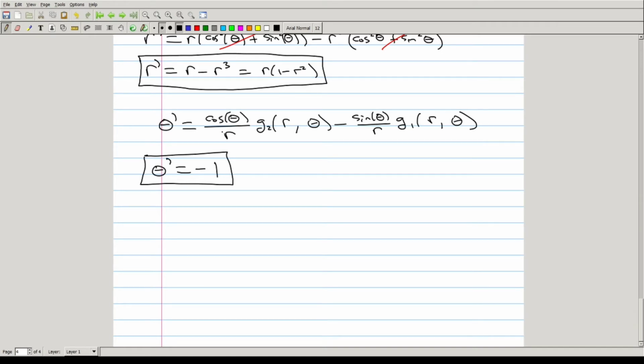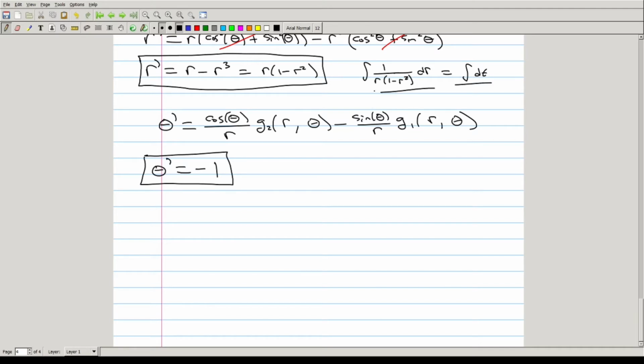We can solve for r as a function of t. This is a separable differential equation for r. So you integrate 1 over r times 1 minus r squared dr. This is going to be equal to the integral of dt.